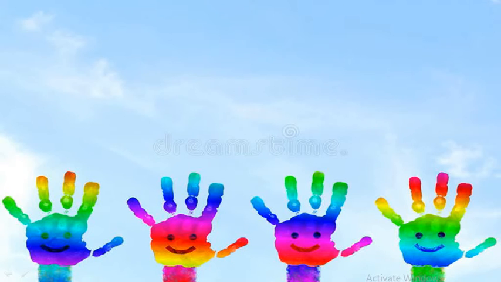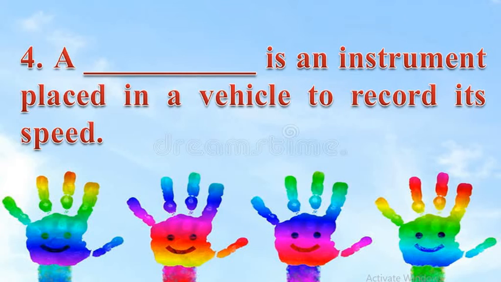Our next blank is number 4. A blank is an instrument placed in a vehicle to record its speed. Our answer is speedometer.